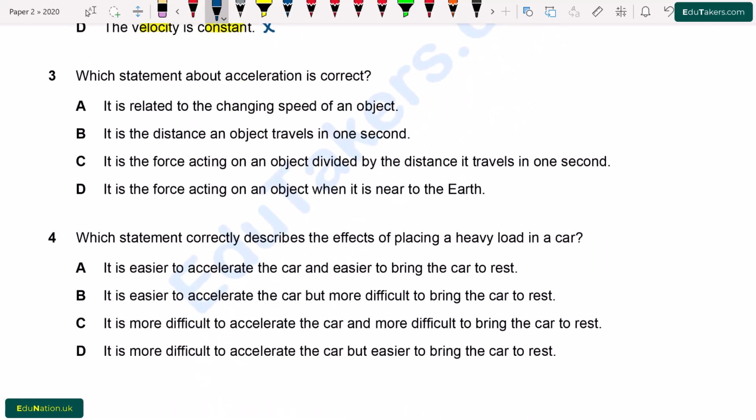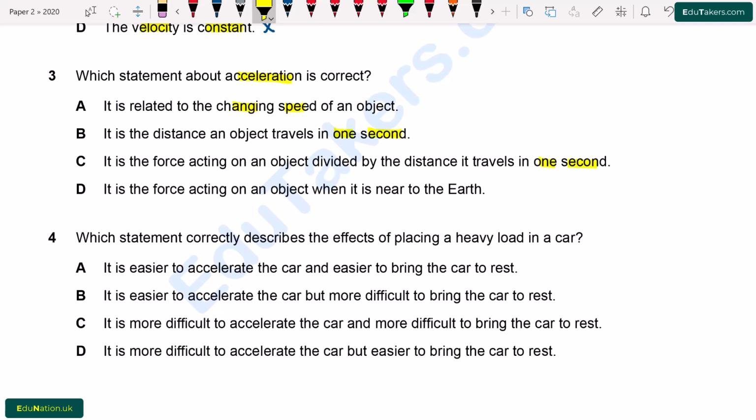Question number 3. Which statement about acceleration is correct? A. It is related to the changing speed of the object. B. It is the distance an object travels in 1 second. C. It is the force acting on an object divided by the distance it travels in 1 second.